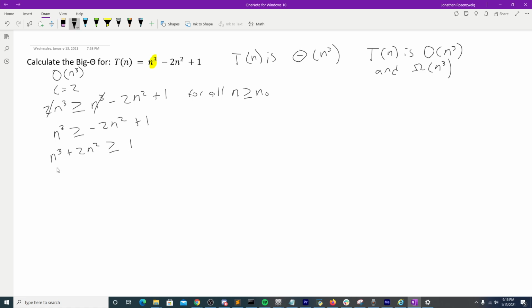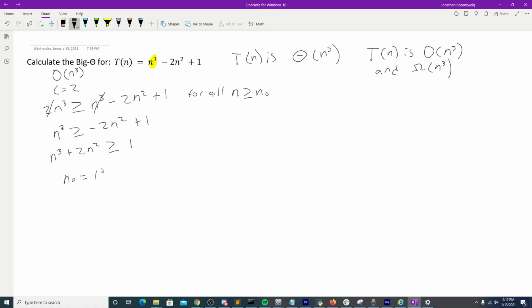And so now from this expression, we know that n cubed and 2n squared will always be positive for n greater than 0. And if we just choose a simple n, let's say n greater than or equal to 1, we know that n cubed will be greater than or equal to 1, and we also know that 2n squared will be greater than or equal to 1. So in this case, I'm just going to choose my n naught as 1.